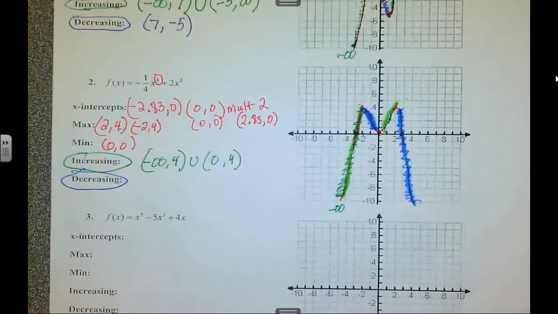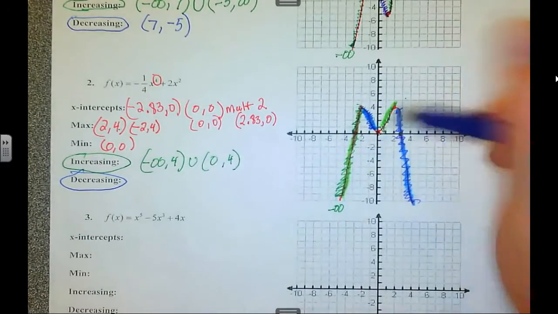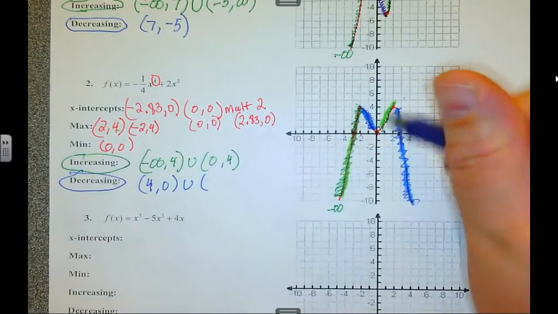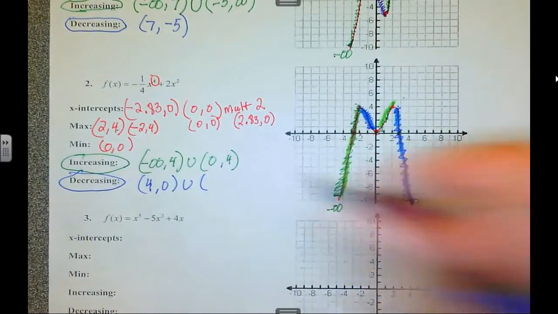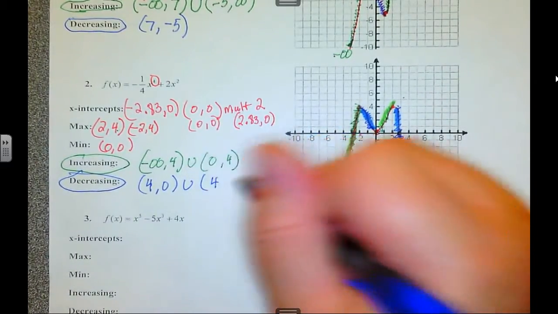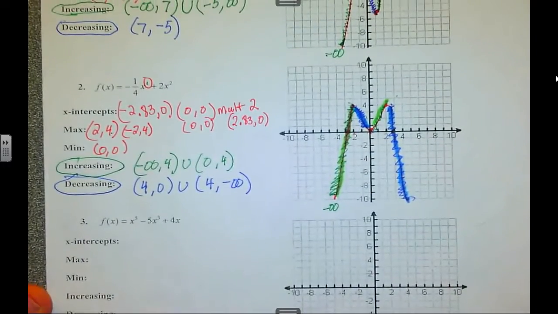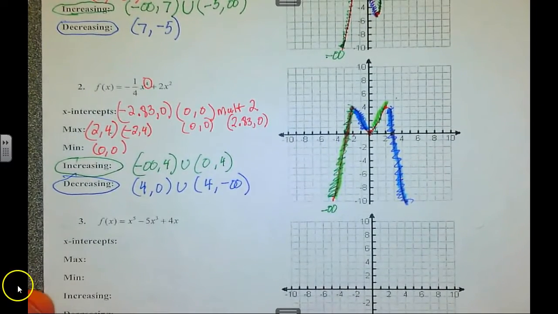Where's it decreasing? And 4 to negative infinity. And I'm done. I don't think I'm going to do any more. So, you guys got your homework, right?